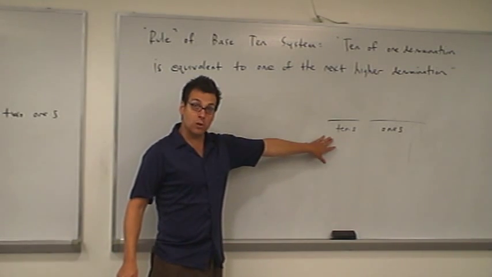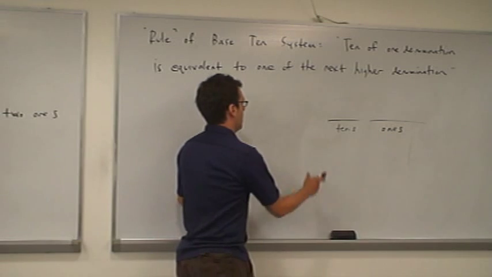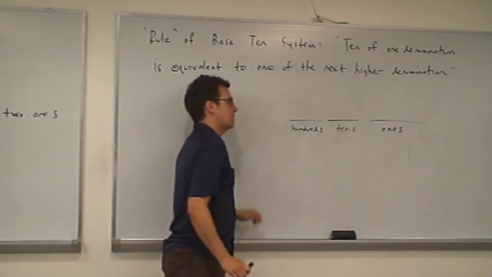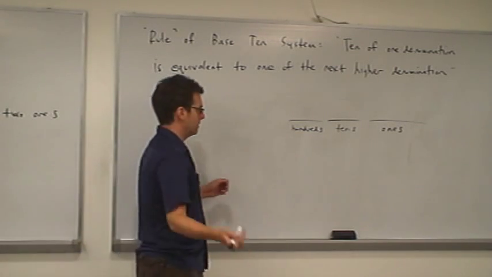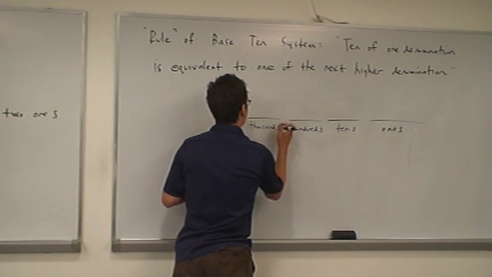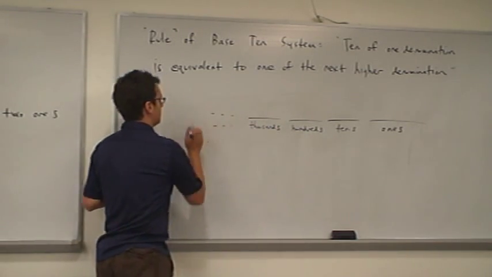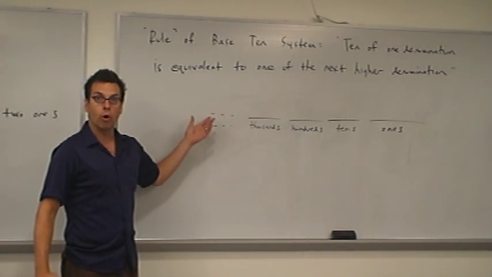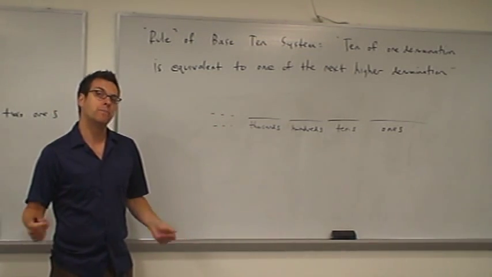Since 10 tens is equivalent to 1 hundred, our next place value would be the hundreds place. 10 hundreds is 1 thousand, the next value would be the thousands place, and so on. And we can use as many place values as are needed. However many sticks are on the ground, we can use more and more place values to record that number.